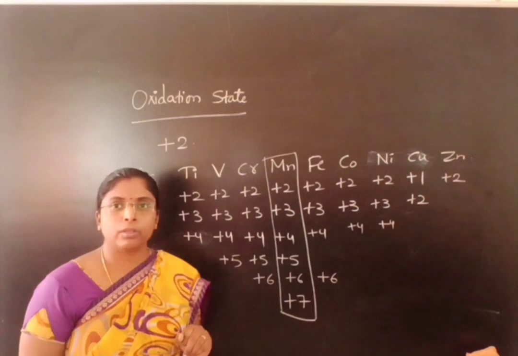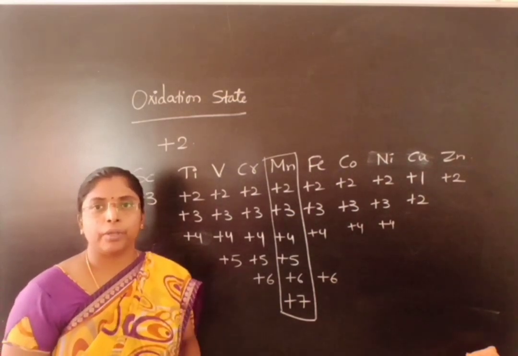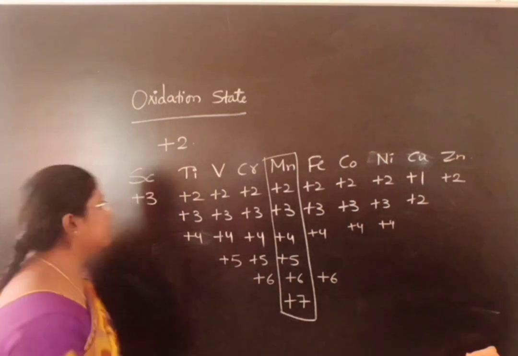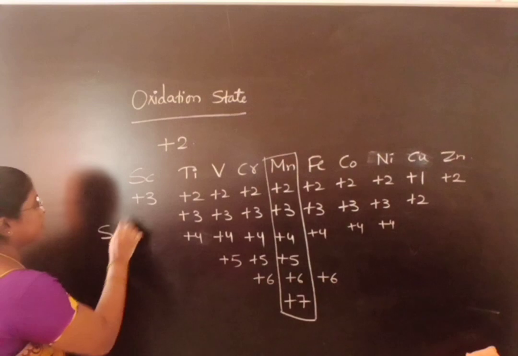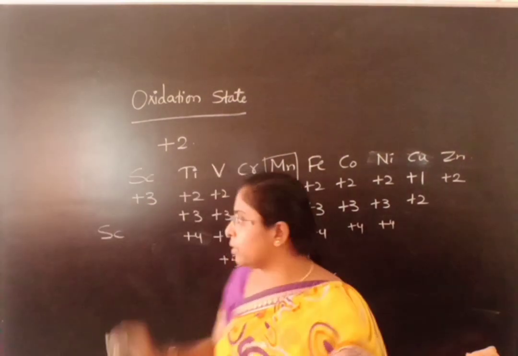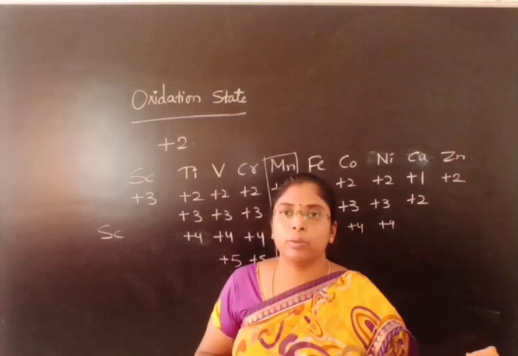The elements with low oxidation state are ionic compounds. If you take scandium, what is the oxidation state for scandium? Scandium exhibits an oxidation state of +3, because it readily loses electrons.